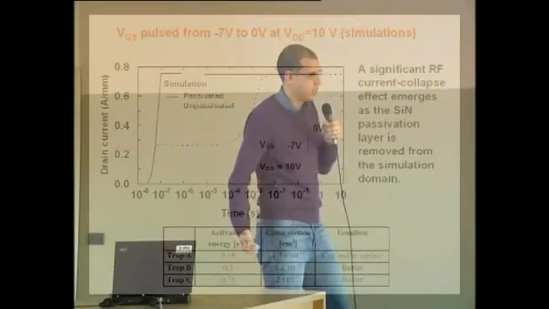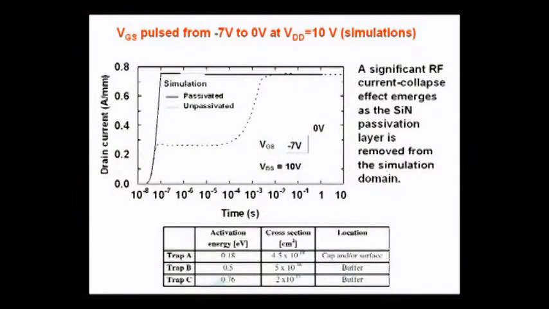To try to understand the impact of passivation in these devices, two-dimensional simulations were carried out, and this table summarizes the parameters of traps adopted in the simulations and extracted previously. Trap A is a donor-like trap, while traps B and C are acceptor-like traps.